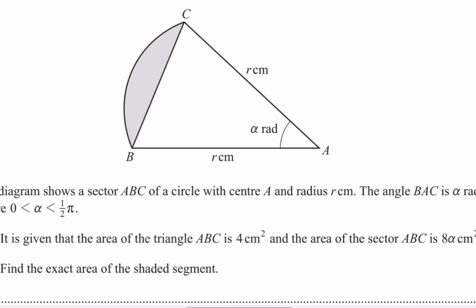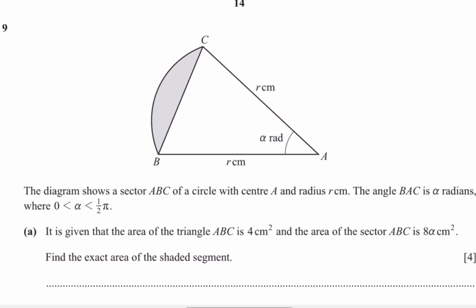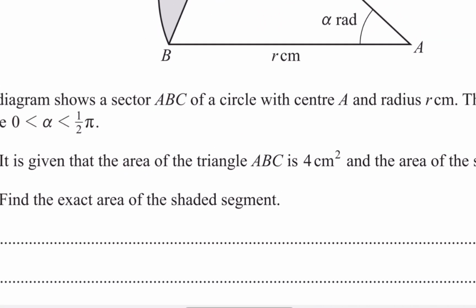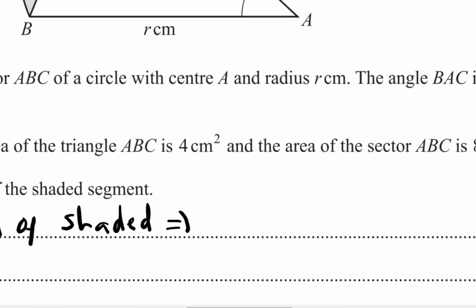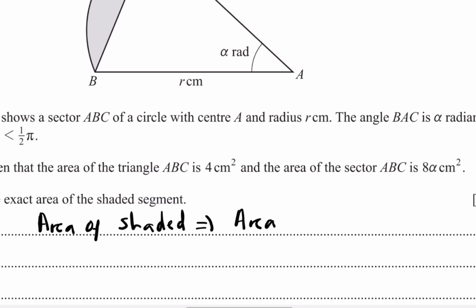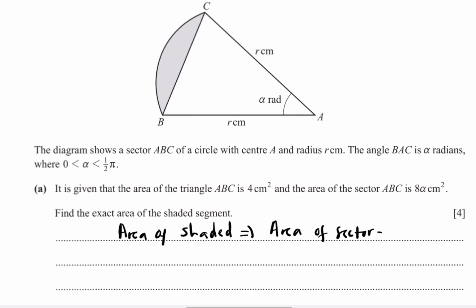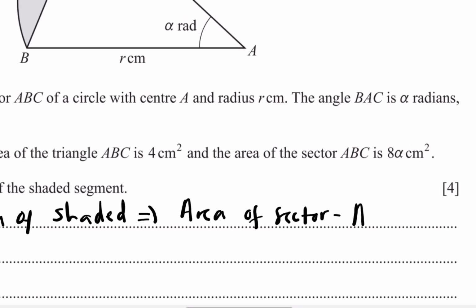Then it goes on to say find the exact area of the shaded segment, this one, right? And for that we are going to say area of shaded is equal to area of whole shape, which is area of a sector, minus area of the unshaded, which is a triangle.